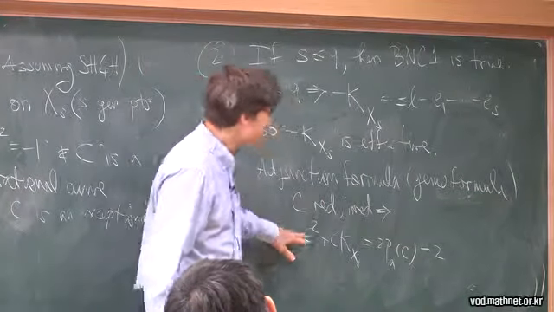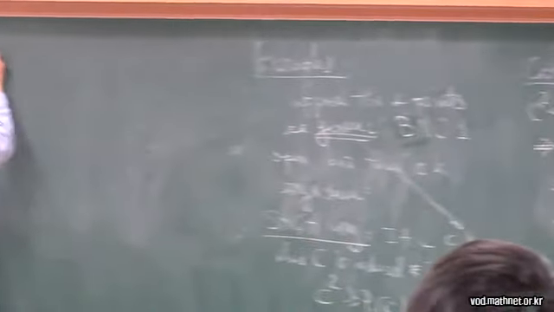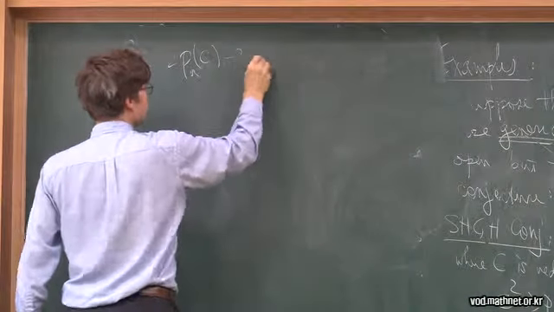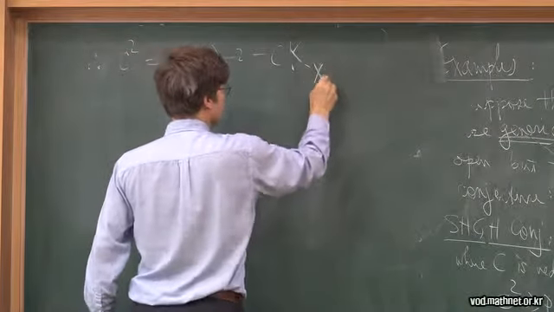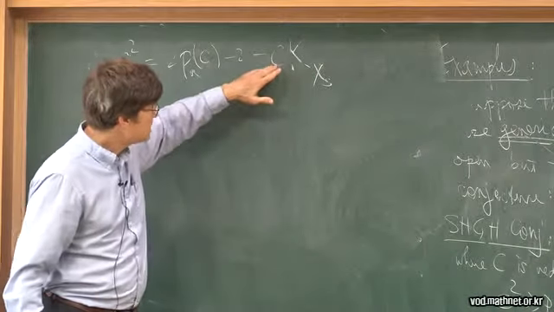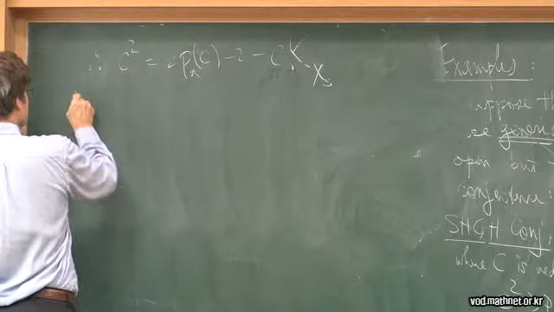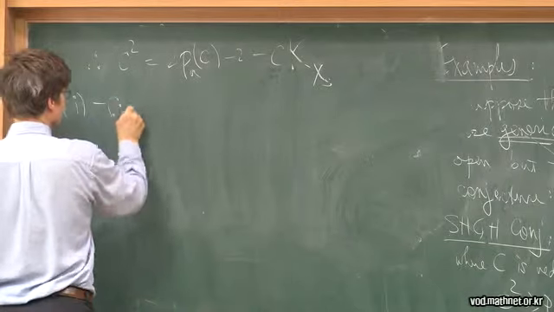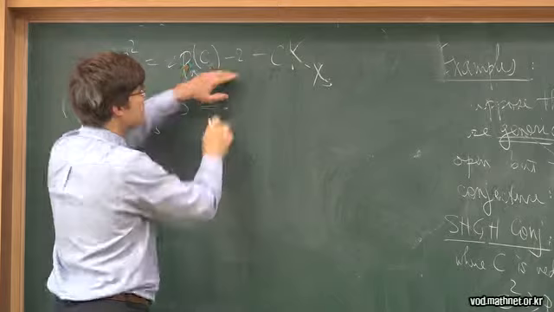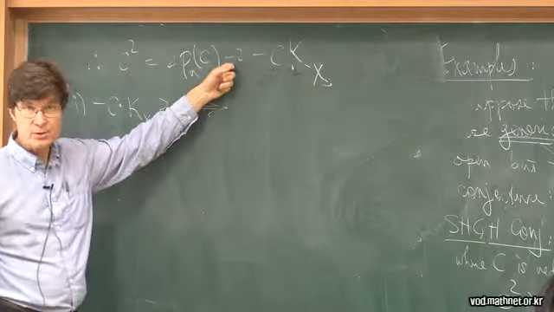Let's write C squared is equal to twice the arithmetic genus minus 2 minus C.K. Now there are two cases. Suppose that this C meets minus K non-negatively. Well, this term is non-negative. This term, by assumption, is non-negative. So C squared is greater than or equal to negative 2 in this case.